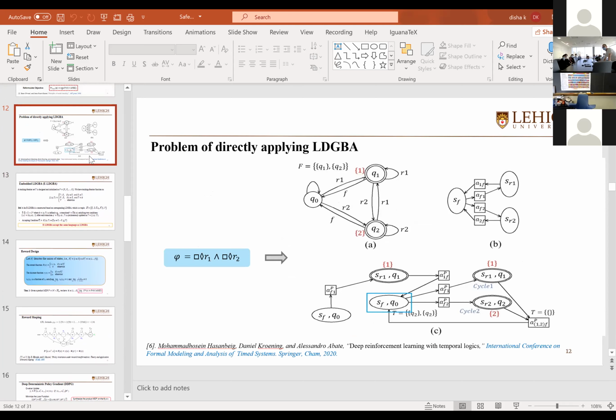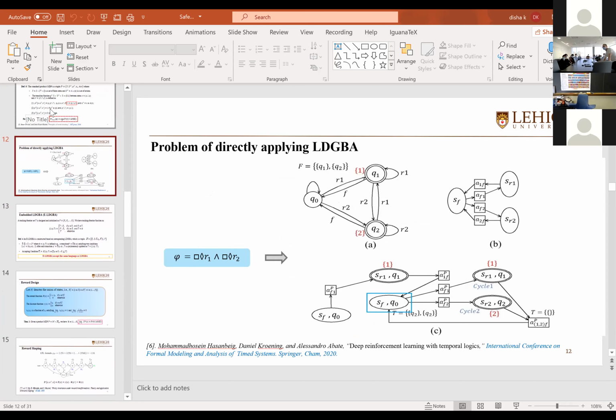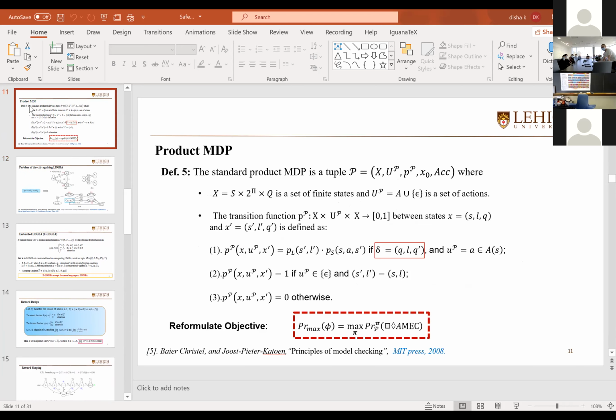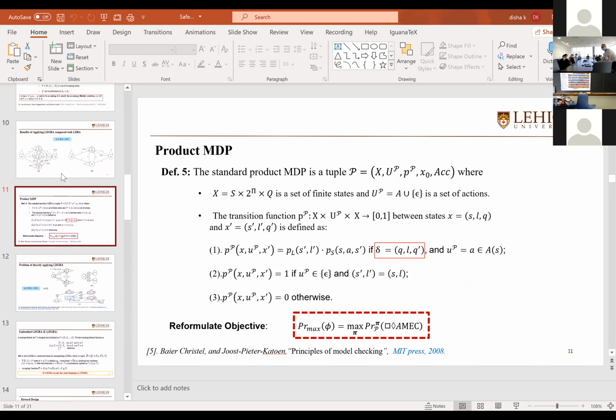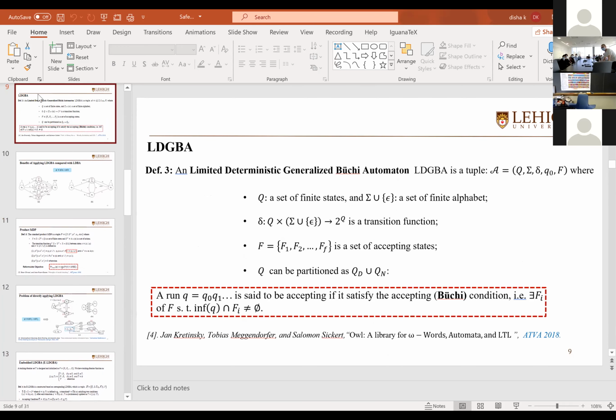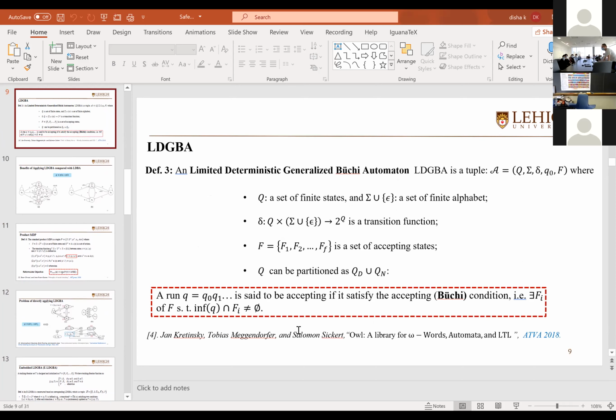I forgot to mention it because I think most people are not focused on formal methods. It's slide 10. There's an online open software using the C language, so we can translate directly from a formula to an automaton structure. But then I combine it with the tracking frontier function to construct the embedded LDGBA, because the plain LDGBA cannot work.